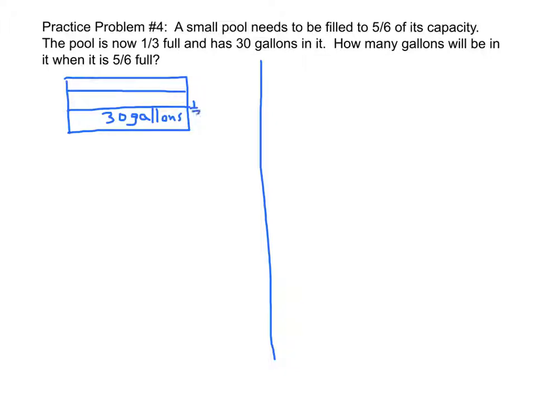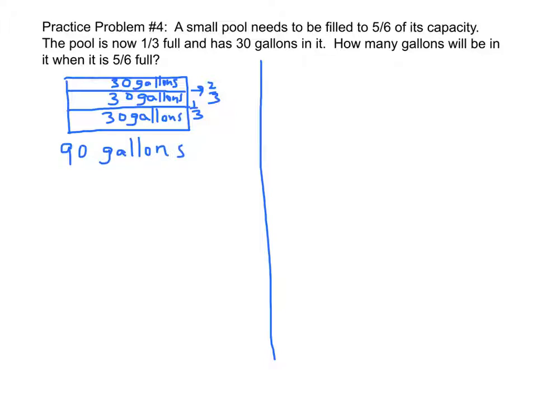If this is the 1/3 mark and this is the 2/3 mark, that would be another 30 gallons. All the way up to the top, its capacity would be all the way filled up, would be another 30 gallons. So all the way filled to the top would be a total of 90 gallons.